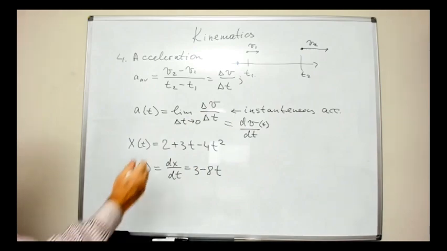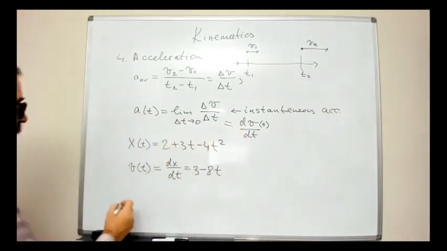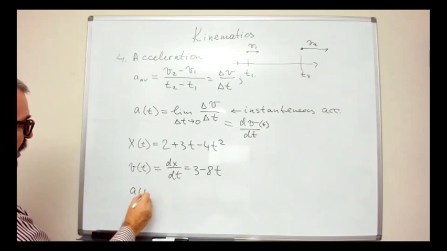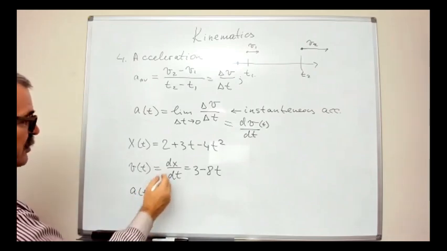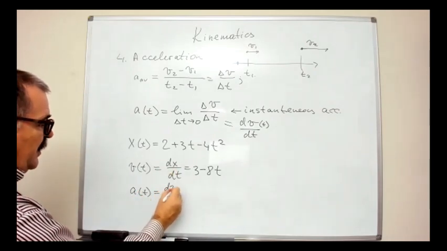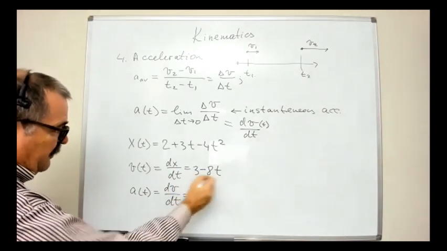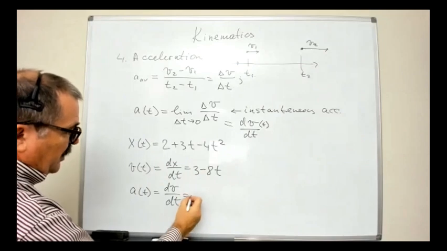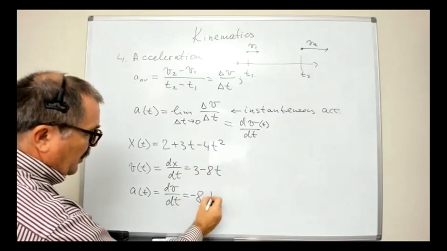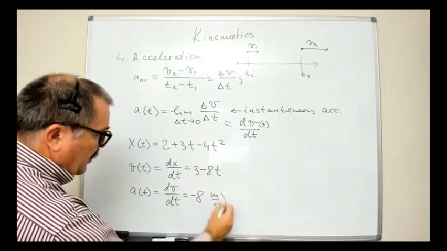And then I will use this formula to find the instantaneous acceleration, a equals dv over dt. So I'm taking the first derivative from this expression. It's going to be minus 8 meters per second squared.